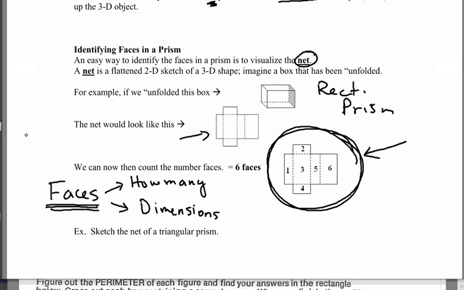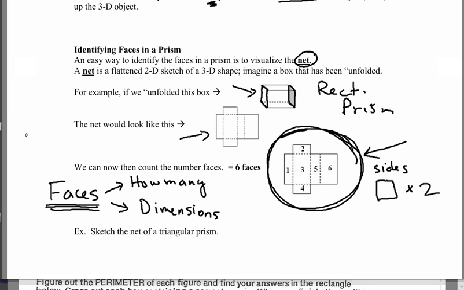So when we take a look at this first rectangular prism up here again, what do we have? Well, we can see the net, but I could consider these to be my bases. I have 2 of those. So I have a rectangle, and I have 2 of them that are my sides.